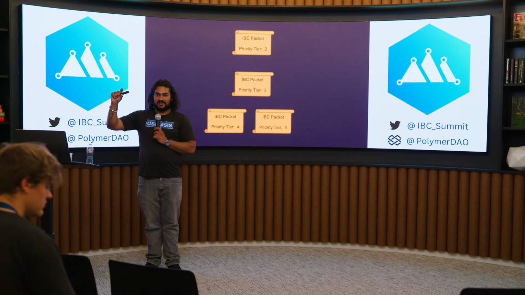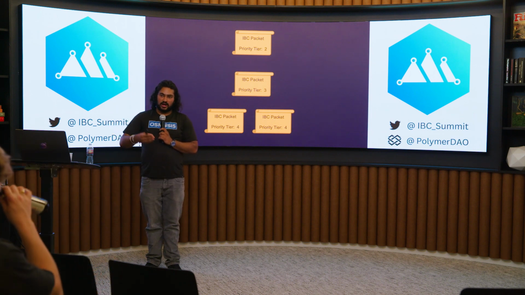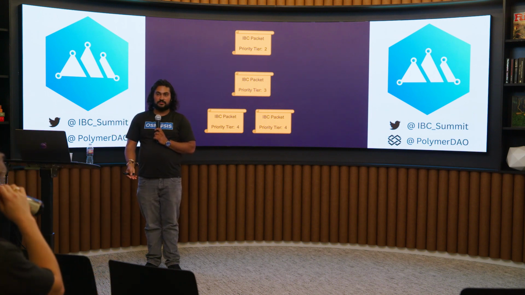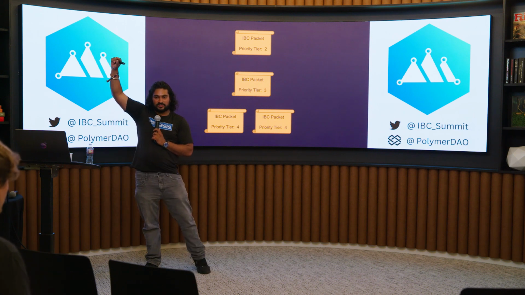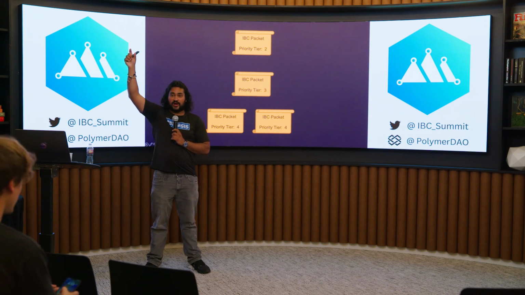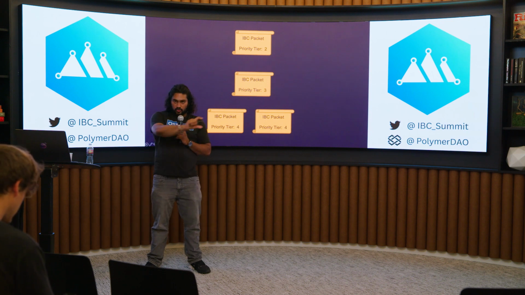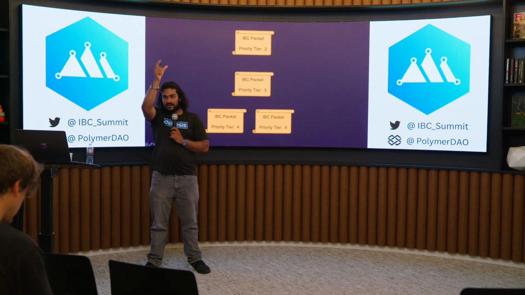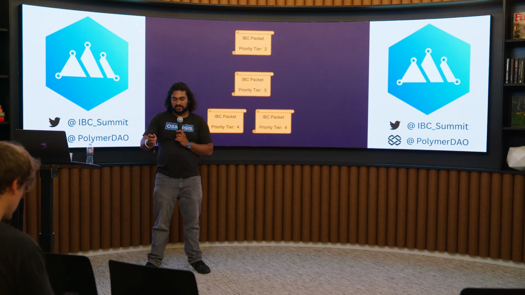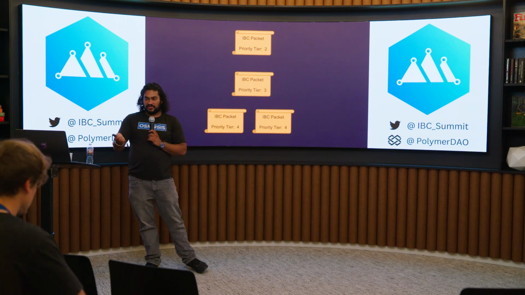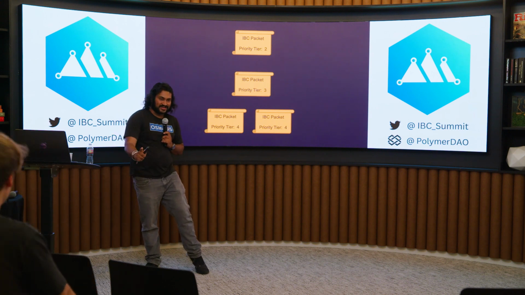Basically, using a single ordering type, this partially ordered system, depending on your application's need, you can accomplish either a fully ordered channel, an unordered channel, or some weird combination using a single order type.